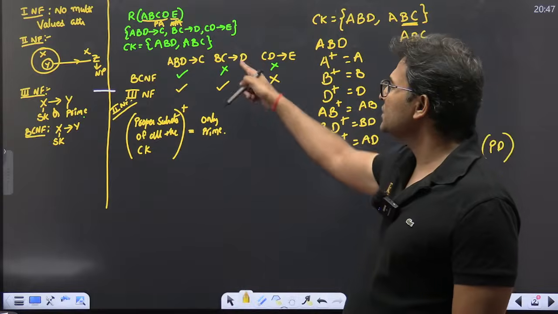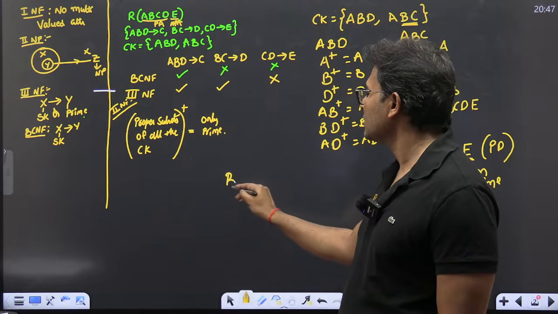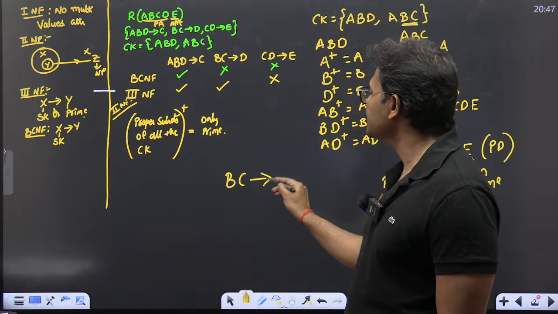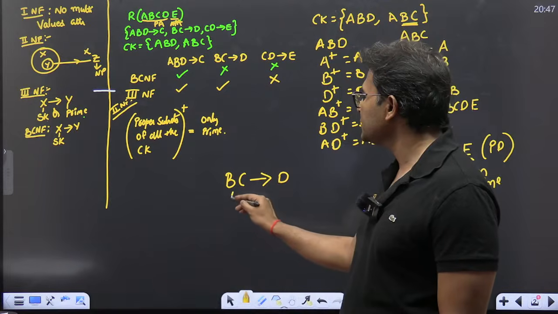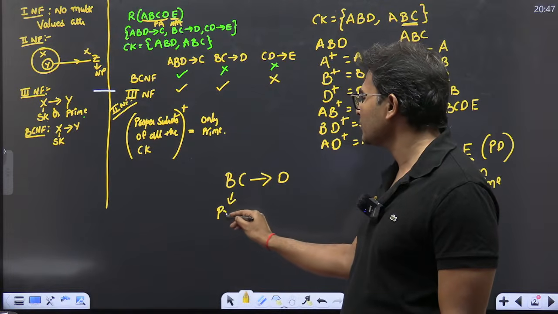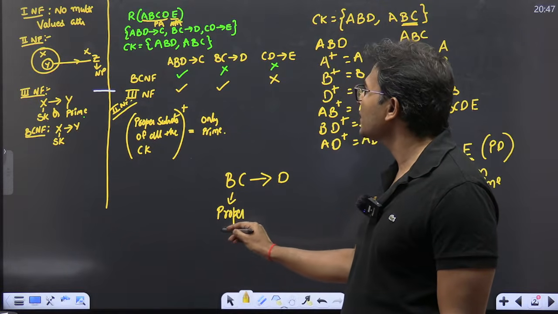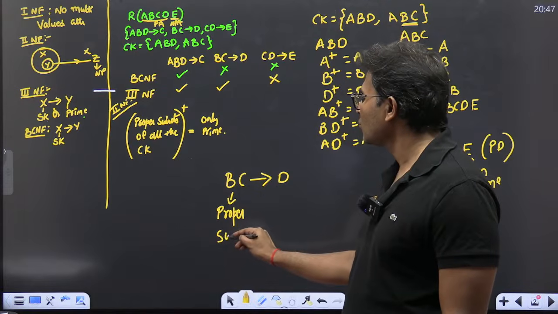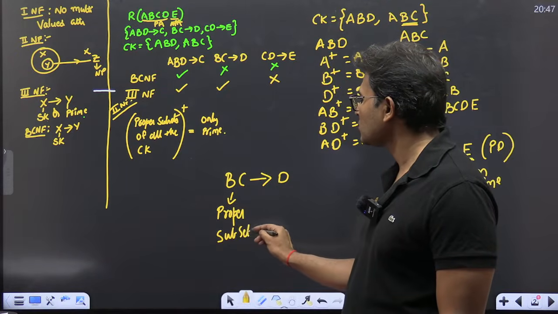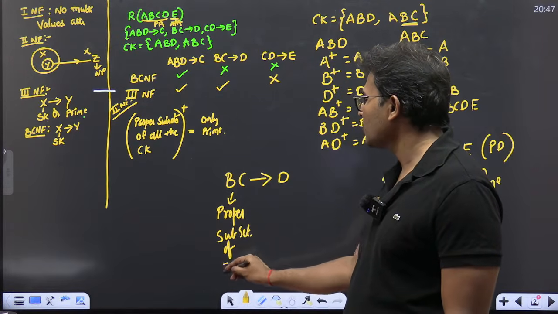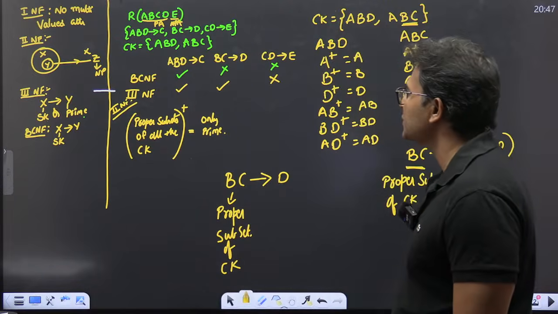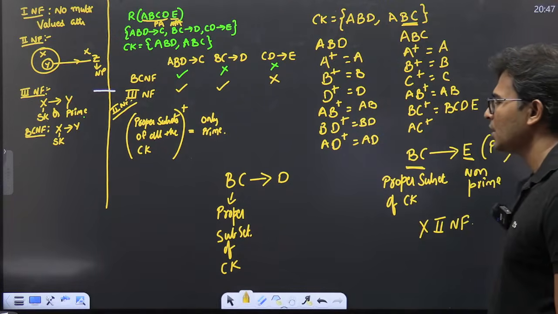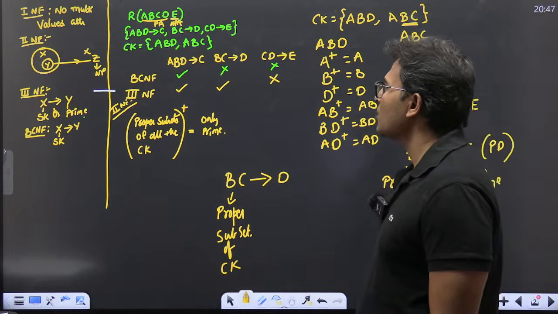BC determines C is not a partial dependency. BC determines D. Here BC is a proper subset of the candidate key, but D is not a non-prime attribute.